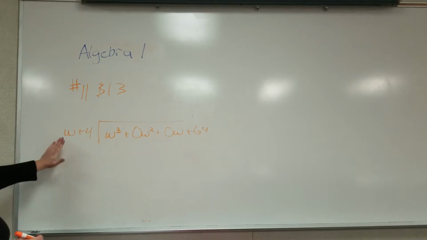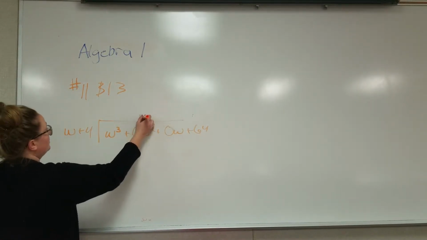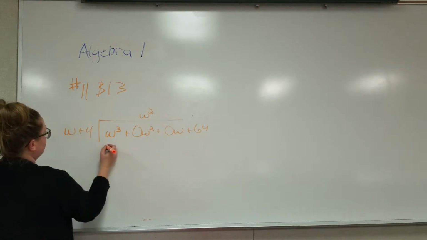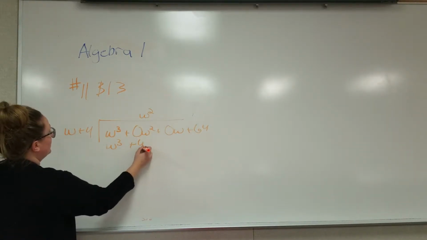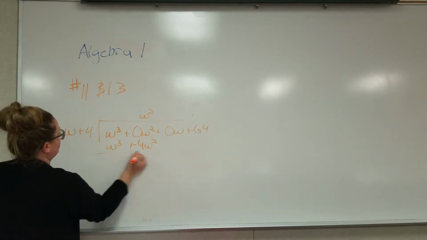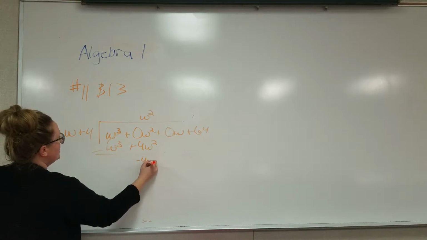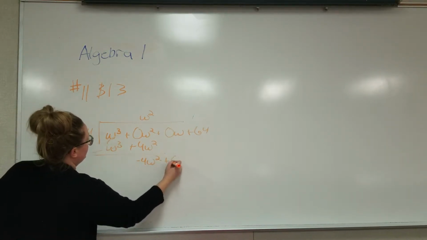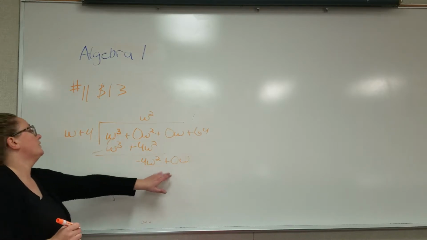All right, so what do I have to times w by to get w cubed? I have to multiply it by w squared. W squared times w is w cubed. W squared times 4 is 4w squared. And then subtract. These eliminate. 0 minus 4 is -4w squared. Drop the 0w. What do I have to times w by to get negative 4w squared?